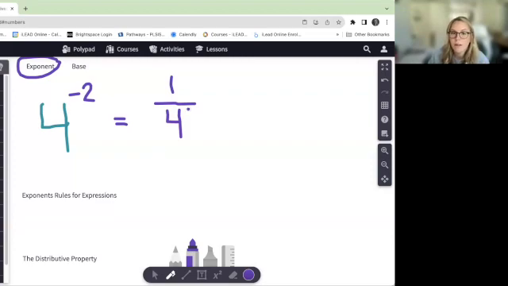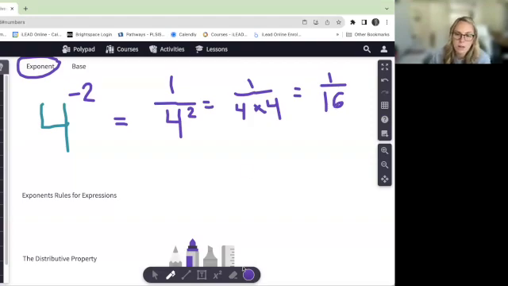From there, you can put your exponent back on the 4. So it would just look like this. You keep your numerator and you do all of that exponent work in the denominator. 4 times 4 is 16. Okay, let's take a look at another one.